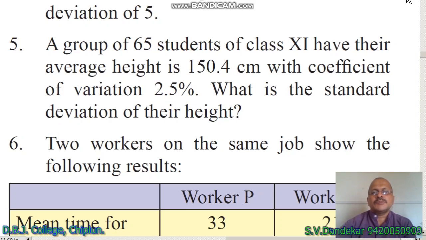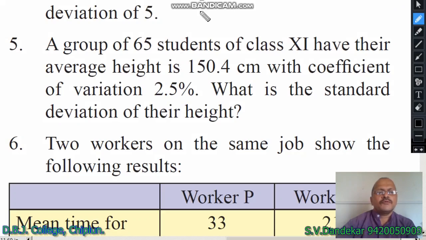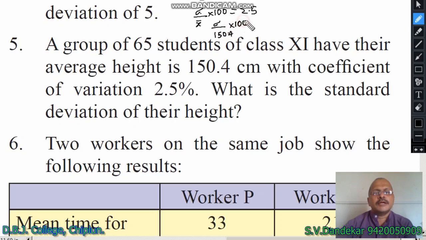Now in this problem, the coefficient of variation is given, that means sigma upon x bar into 100 is given as 2.5. So sigma upon 150.4 multiplied by 100 is 2.5.